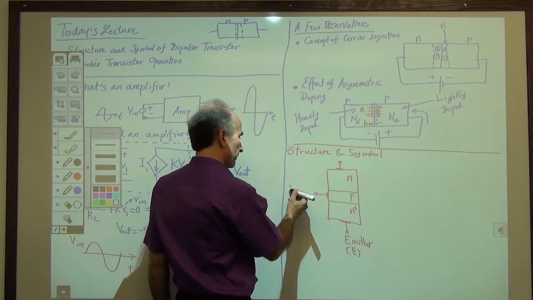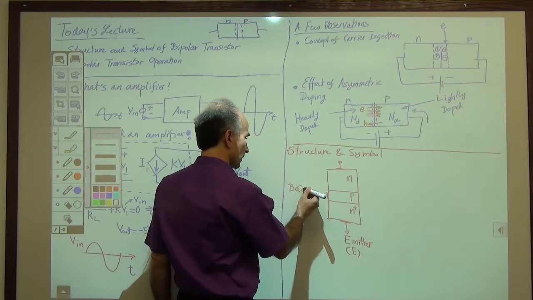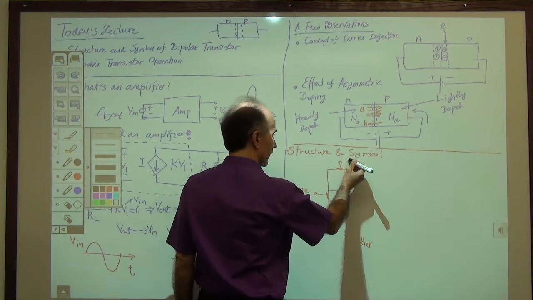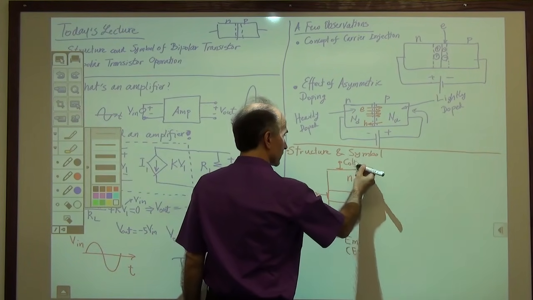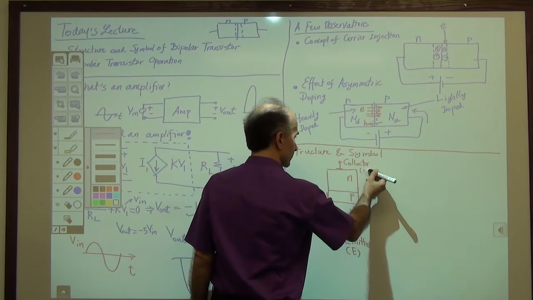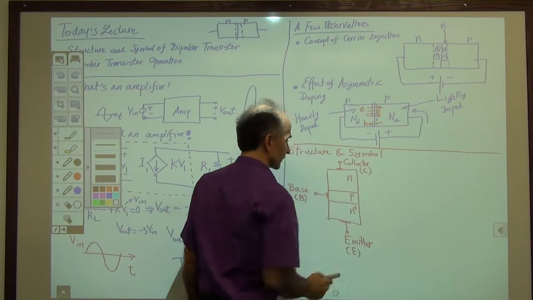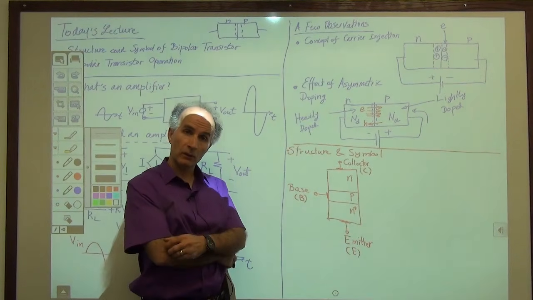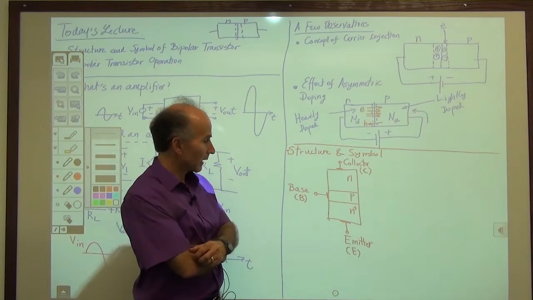We call this one the base, or B, and we call this the collector, or C. Okay, so that's simple enough.